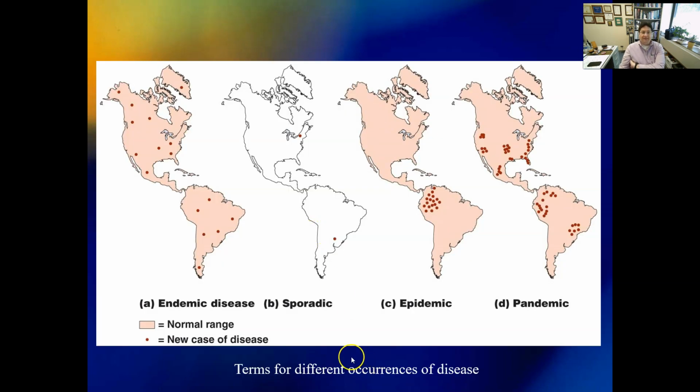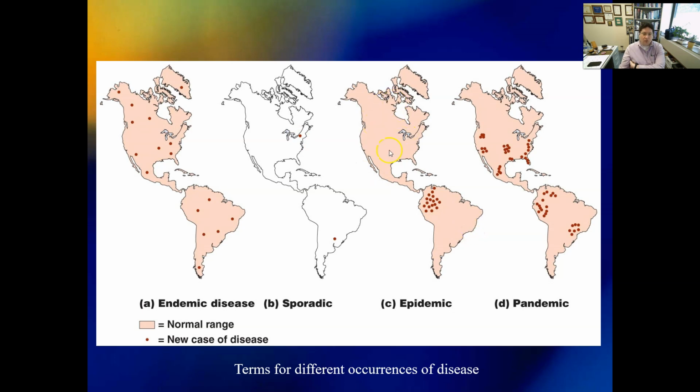So we can look at it like this. So endemic, the pinkish beige color here is the normal range. And the red dot, that's a new case. So notice it's endemic, this is normally there. There's a few new cases, but normally there. Sporadic, oh, here's a rare disease cropped up here or here.